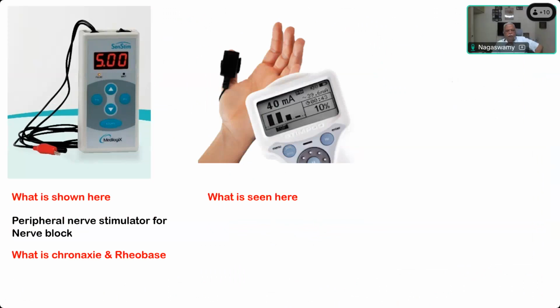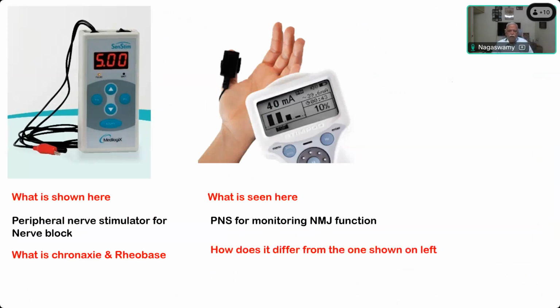Time and strength. Okay. So what is seen here? This is the peripheral neuromuscular monitoring. You can see 40 milliamperes is the strength that is shown here. This is for monitoring the neuromuscular junction. How is it different from the other one? Because of the various strength of the current. Okay.